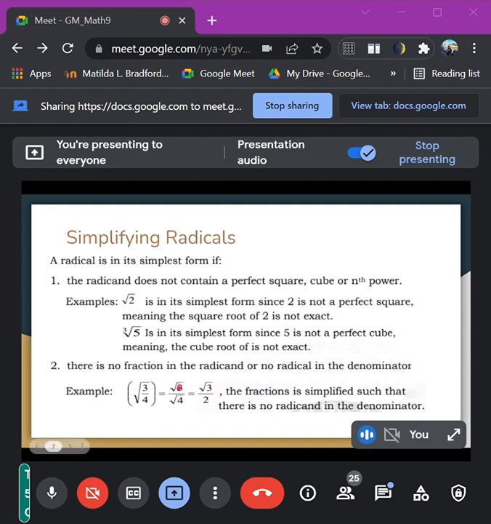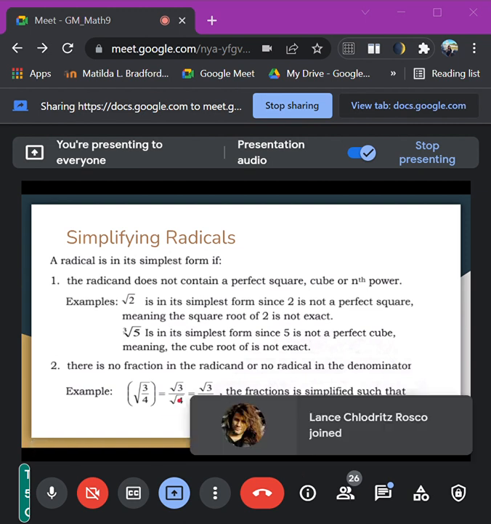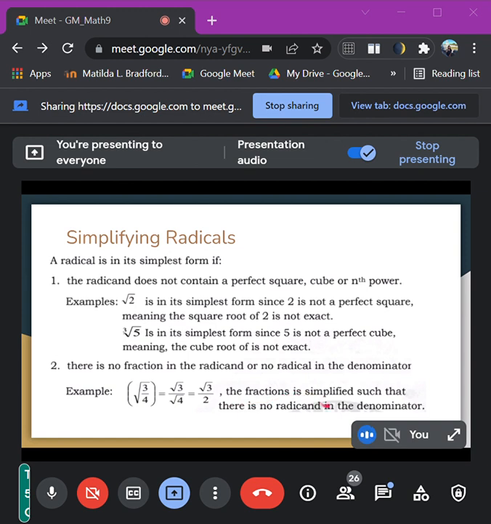We can make it the square root of 3 over the square root of 4, applying the laws of radicals, it can be separated. The square root of 4, class, can still be simplified, which is 2. So, the square root of 3 over 2 is already simplified such that there is no radical in the denominator. Meaning to say, you have no radical sign in the denominator, so you have simplified it. This is now the simplified form.